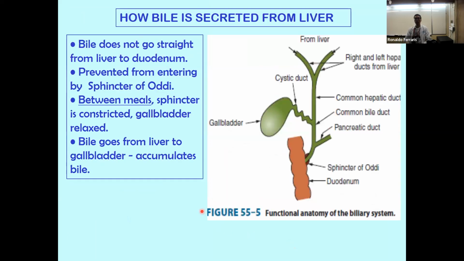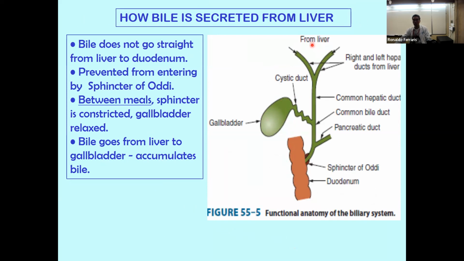So let's go back to bile. We know that bile is very important for lipid digestion as well as absorption. It's prevented from entering the lumen, where it can do its work, by the sphincter of Oddi. Between meals, like when you're listening to GI lectures, the sphincter of Oddi is constricted and your gallbladder is relaxed.